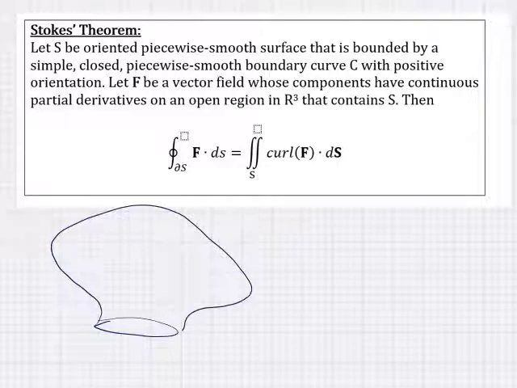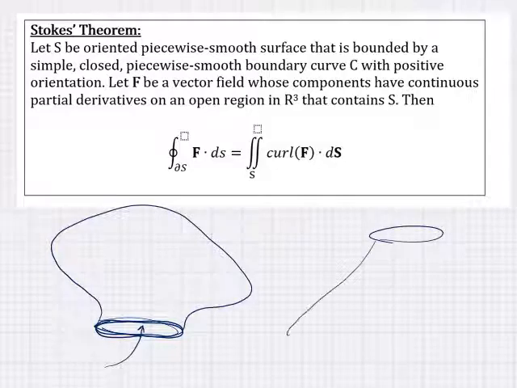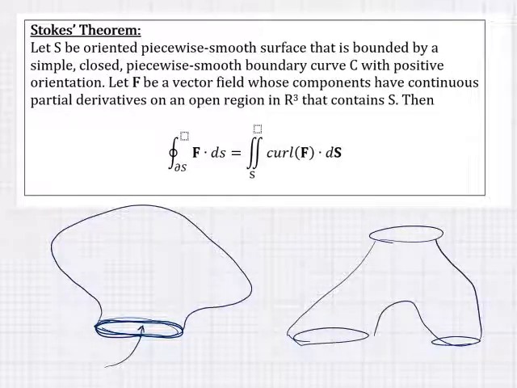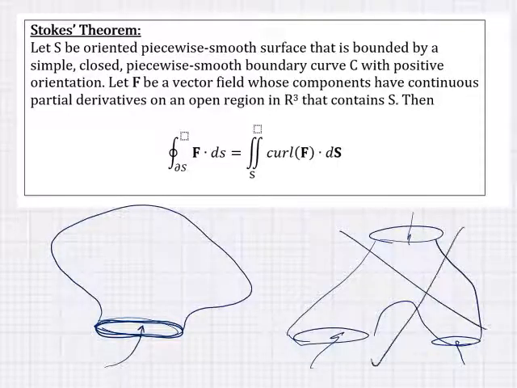We had this open surface, and it's bounded by this single closed curve. Remember, there was this other surface that looked like this, and there were multiple curves that bound the surface. This is what we're not talking about. This is what we're talking about. So it's an open surface that's bounded by a single, simple closed curve.